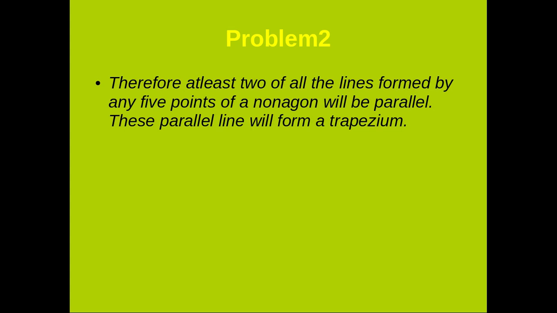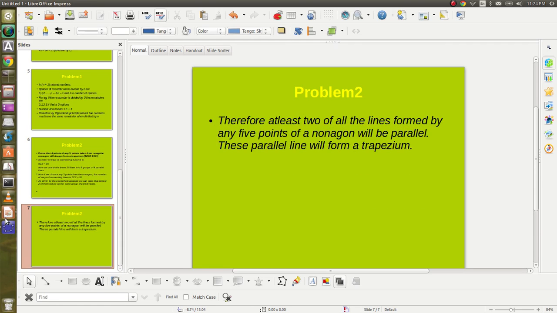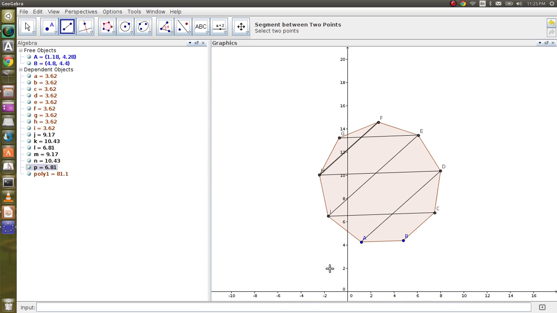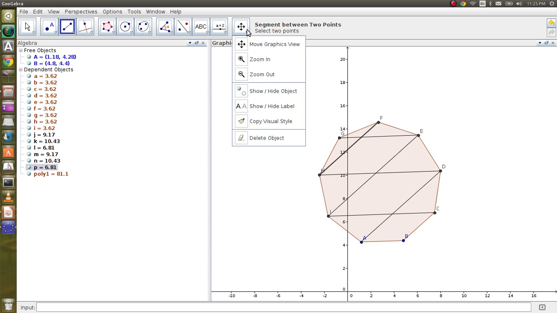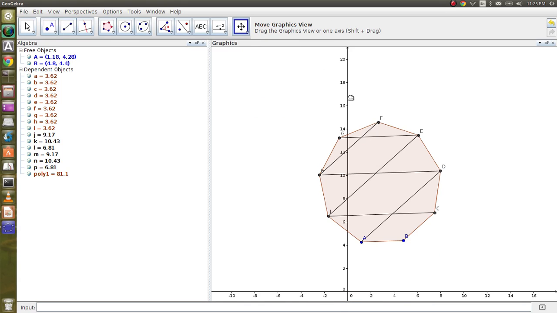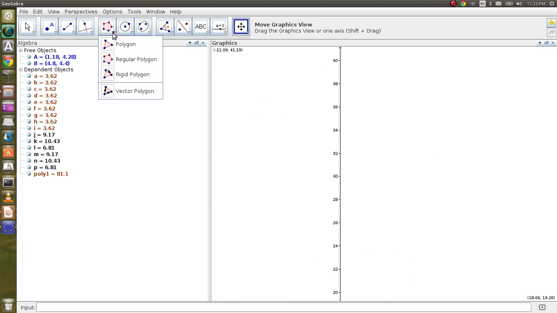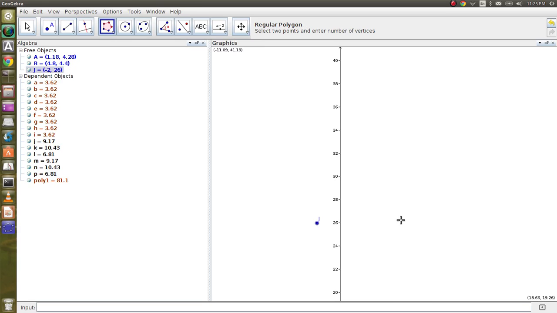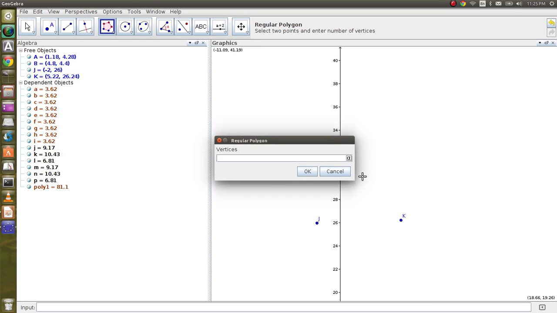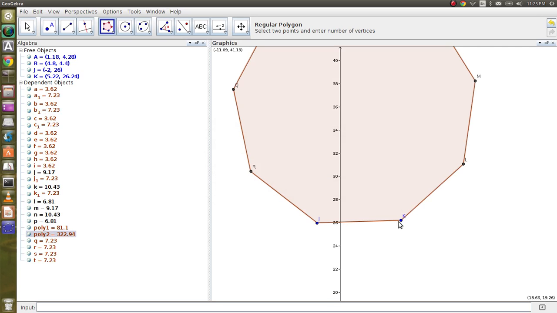Let's take an example again. Let's create a new nonagon here. Here we have a nonagon.